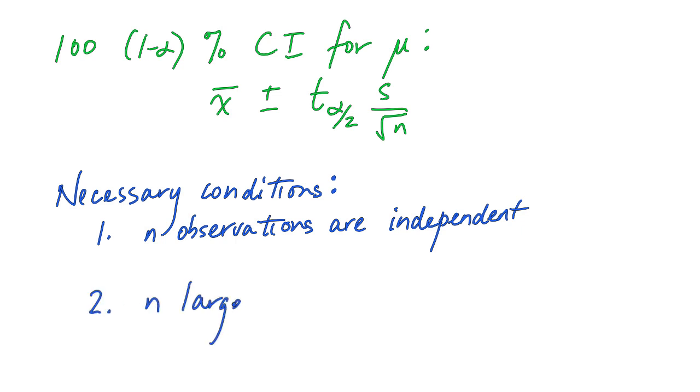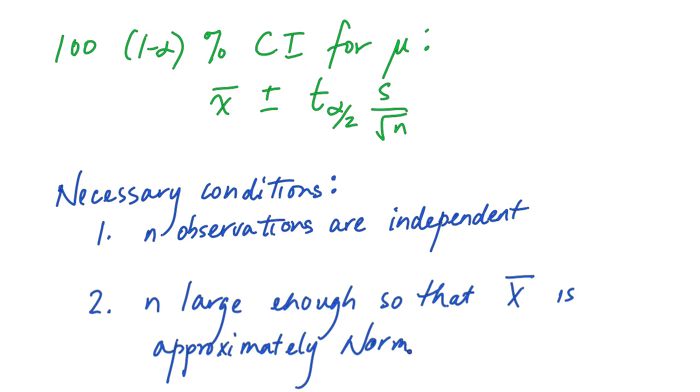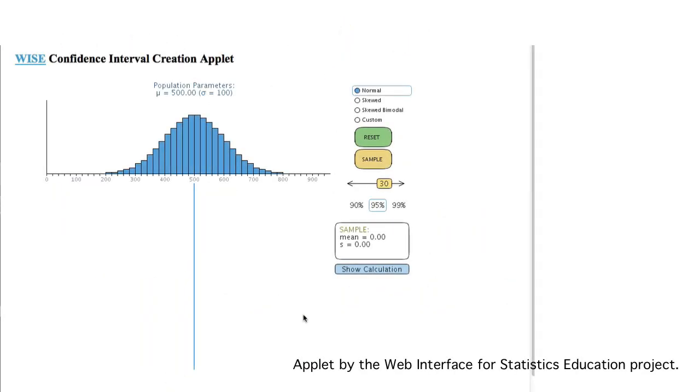Our second condition is that we need x bar, our estimator, to be approximately normally distributed. And we'll investigate how well the central limit theorem works in this context, by how well our confidence intervals work. Again, we'll use an applet where we start with a theoretical model and simulate several confidence intervals to see how often we capture the true theoretical mean within the confidence interval.